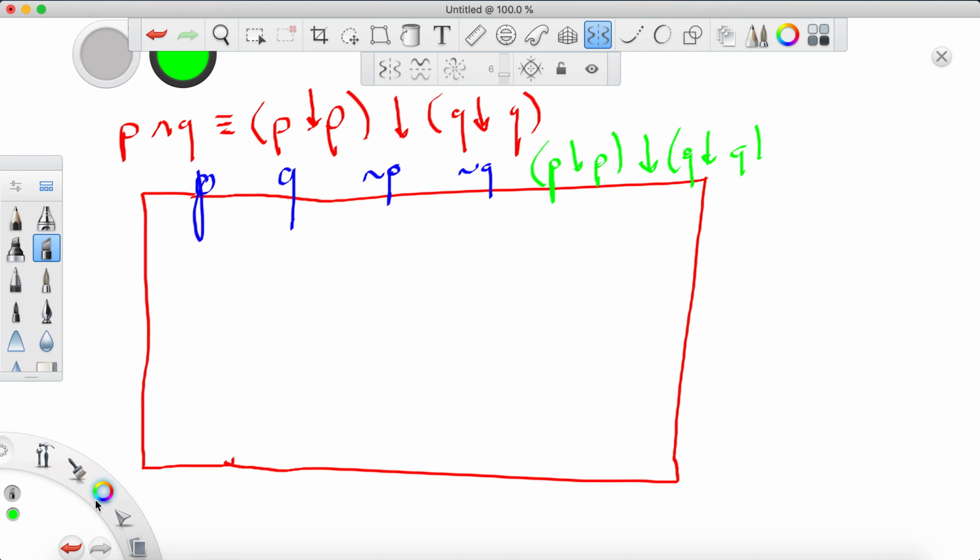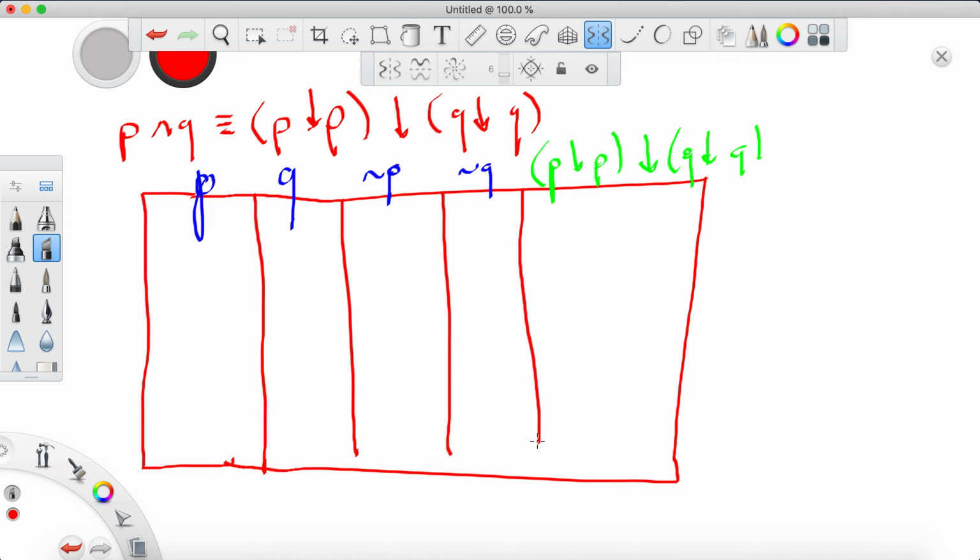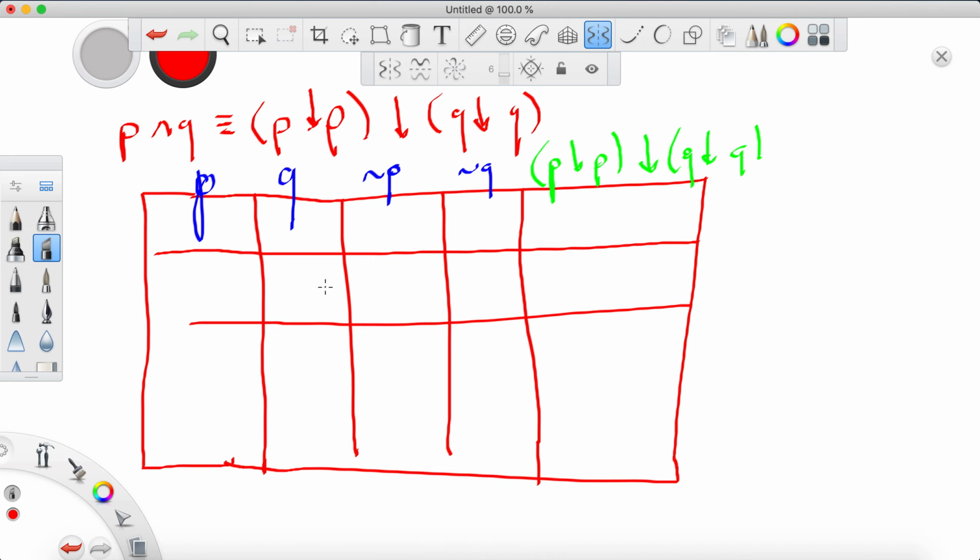Okay. And when we look at this, we'll know that these right here are that, and this right here is this. Okay, so how many atomic variables do we have? We have 2, so that means we have 2 to the 2 rows, i.e. 4. And here we go.